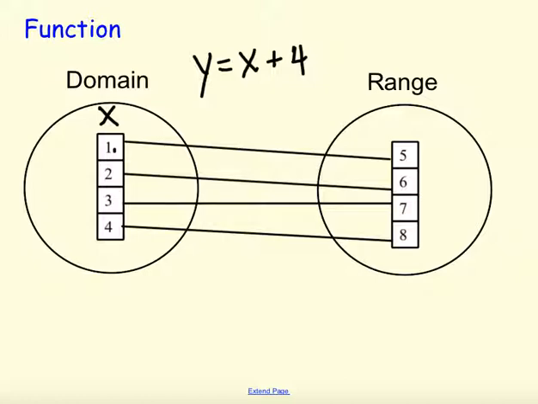Now, it wouldn't make a lot of sense if I plugged in 1 to this equation and got 2 different answers. So, a function tells us that if I plug in an x value, I will get one and only one y value. Now, you might be asking, what would it look like to not have a function then?